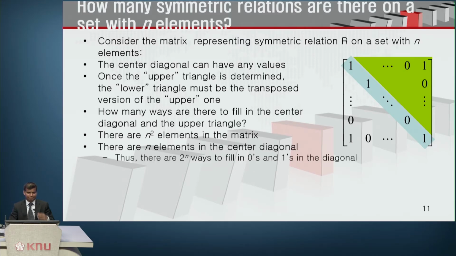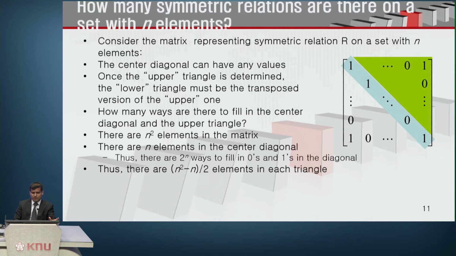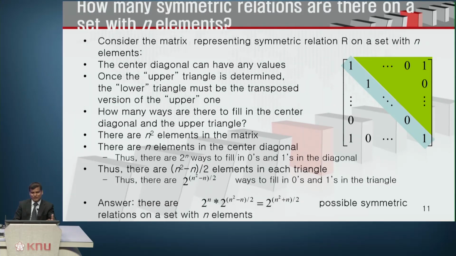Thus you have 2 to the power n ways to fill zeros and ones in the diagonal alone, and you have (n square minus n)/2 elements in each triangle, which means you have 2 to the power (n square minus n)/2 ways to fill zeros and ones in the triangle. So you get 2 to the power (n square plus n)/2 possible symmetric relations that can be developed with n elements.